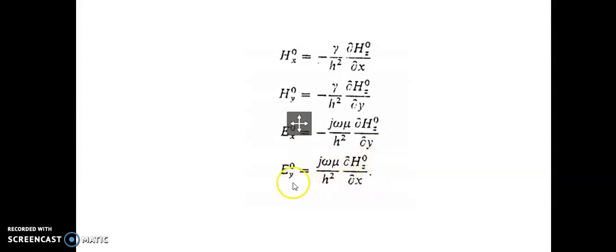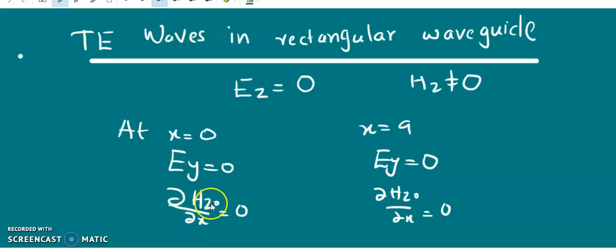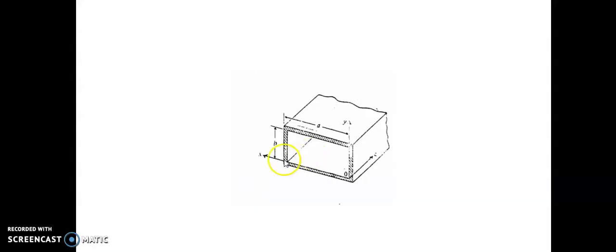So when Ey0 equal to 0, that implies ∂Hz0/∂x is equal to 0. So ∂Hz0/∂x is equal to 0 at x equal to 0 and x equal to a. So this is the first boundary condition, and the second boundary condition at y equal to 0 and y equal to b.